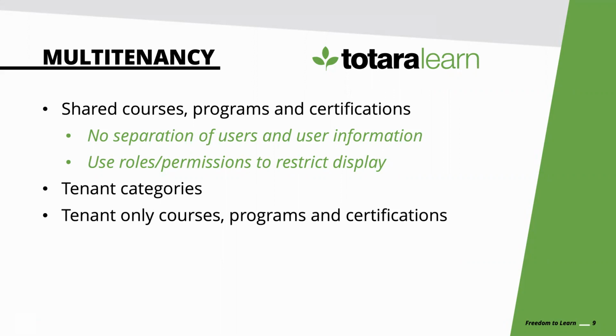That means you can have a shared environment for users. They can all be working in the same course. Of course, that means there's, by default, no separation of users and user information within those courses. If they are posting in the forums, they can see the names of the people posting in the forums.